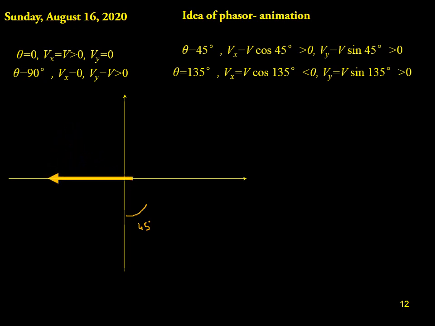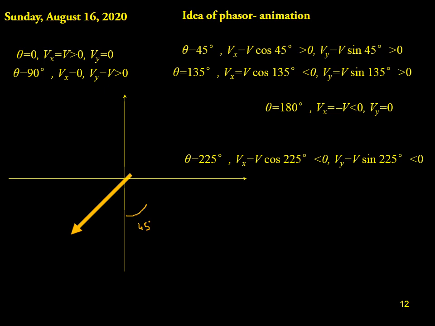So when theta is equal to 180 degree, Vx is equal to minus V because it is in the negative direction, and Vy is equal to 0. At theta 180 degree plus 45 degrees, 225 degrees, Vx is equal to V cos 225 degree, less than 0 because it is negative. Though V is positive, Vx and Vy both are negative.